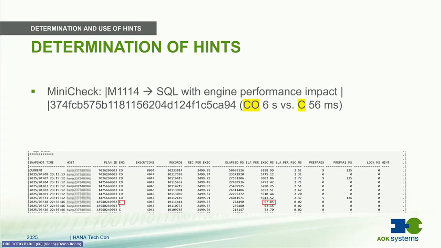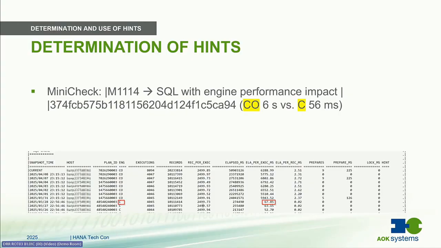Then the HANA query optimizer decided to use two agents, column and OLAP agents. You see also here the difference between run times.